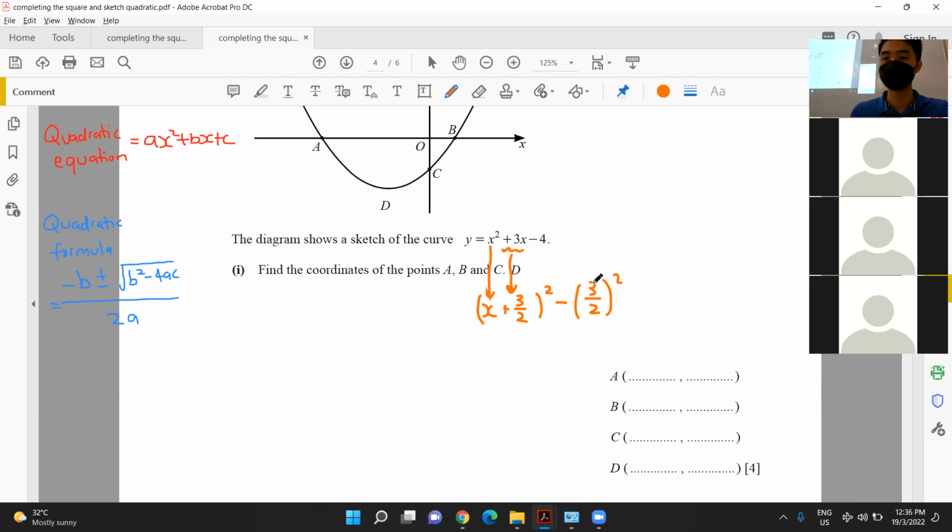Okay? Then, because when we expand this, the last part will always be 9/4 positive. So since there's an extra plus 9/4 here, then we minus 9/4 here. Then lastly, drag this back out, you have -4. So from here, simplify the equation: you have (x + 3/2) squared minus 9/4.